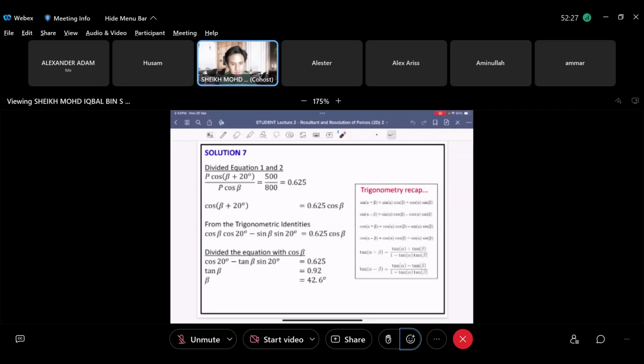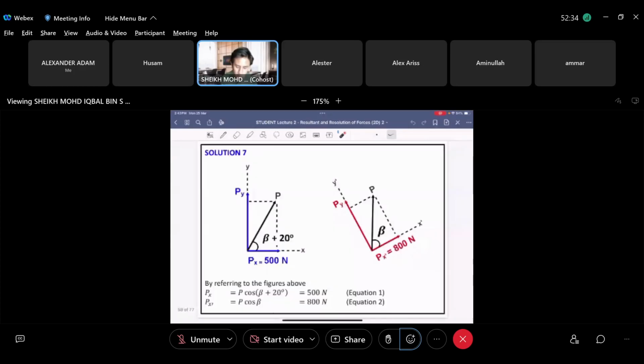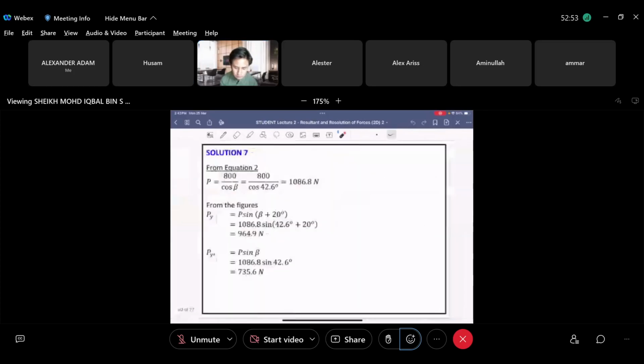Okay, so now once we have our beta, it's easy. Just take this one and put it back into the original equation here, right? So once you put your beta here, you will get our P, right? And then if you put your beta here also, we can get our P in the Y prime direction, right? Just put the beta back into equation 1 and equation 2, right?